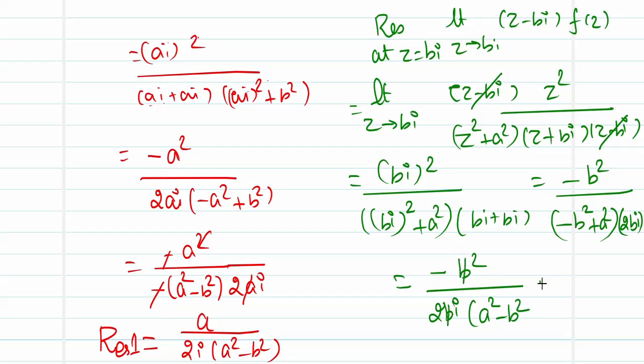One of the b can be cancelled off, leaving us with minus b divided by 2i times (a square minus b square). So this is going to be my residue 2. My residue 3 at z equal to minus ai is 0, and my residue 4 at z equal to minus bi is 0.